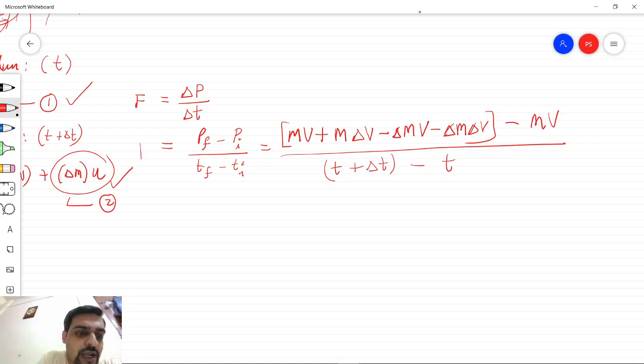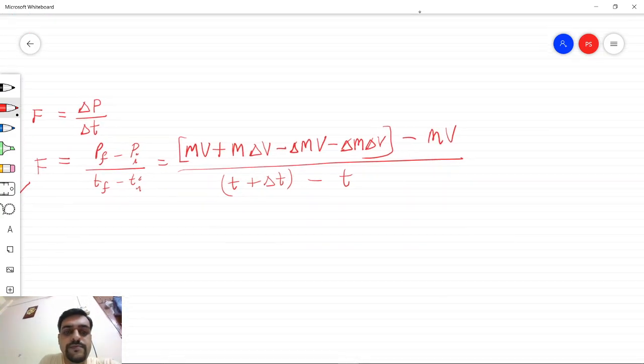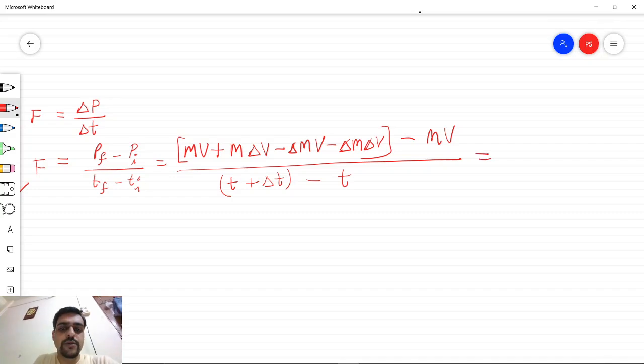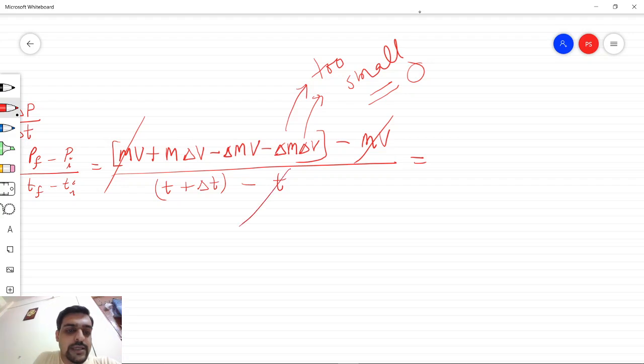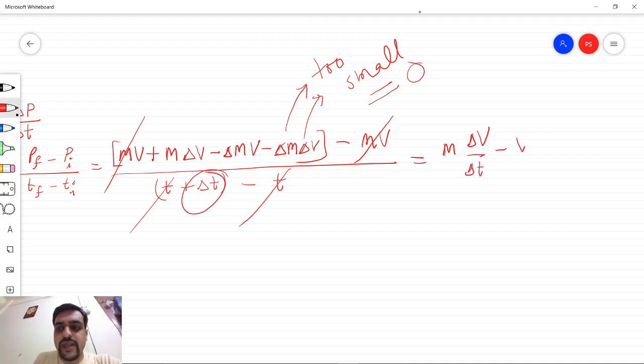Now remember that we are calculating the force here. So this mv gets cancelled, this delta m into delta v is too small, so it can be neglected as it tends to 0. So what remains is, again the t gets cancelled, m delta v by delta t minus v delta m by delta t.